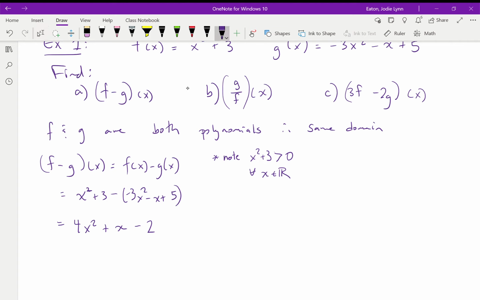So g over f of x equals g of x over f of x. So g over f of x is g of x, which is negative 3x squared minus x plus 5, over, I'll just draw a nice line down there just so we can keep our problem straight.